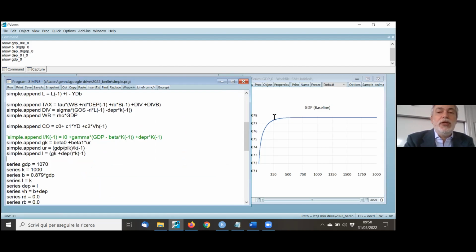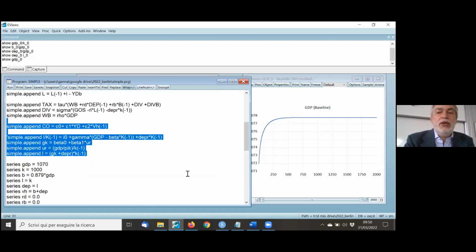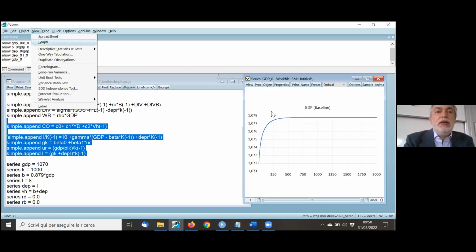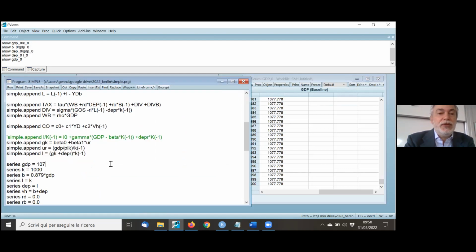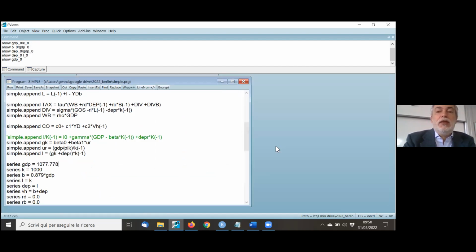So we started from GDP, and GDP in the steady state is slightly higher than 1070. The stock of capital, I think, is going to be equal to GDP.